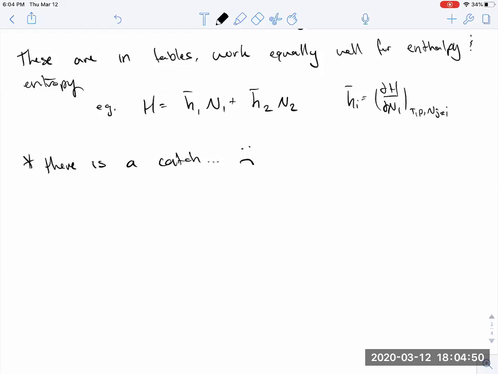Which is that all of these quantities, partial molar volumes, enthalpies, etc., all depend on the other thermodynamic variables like the temperature, the pressure, and the composition.